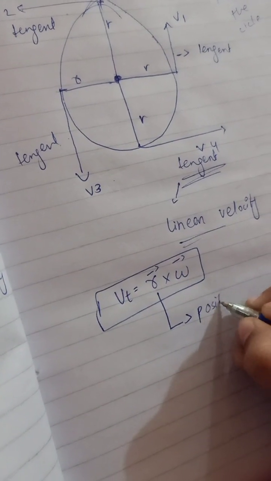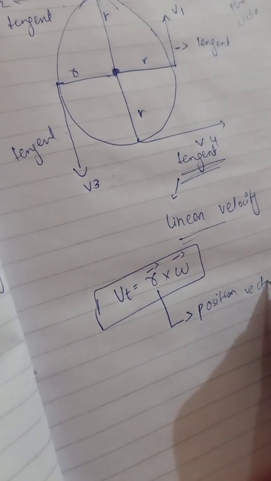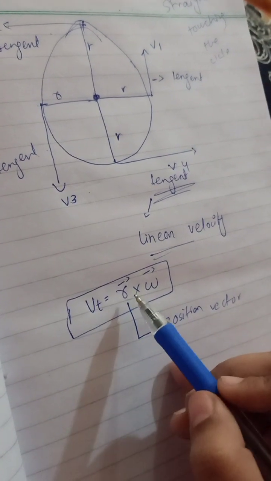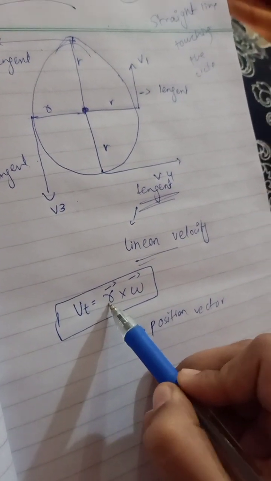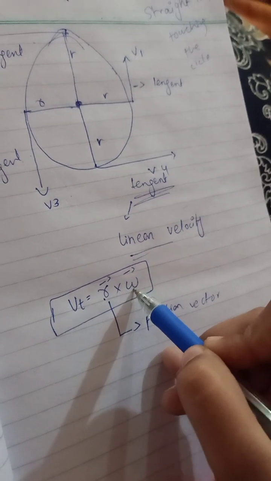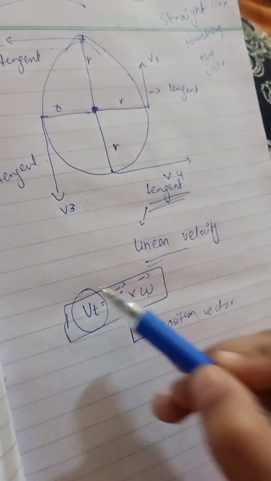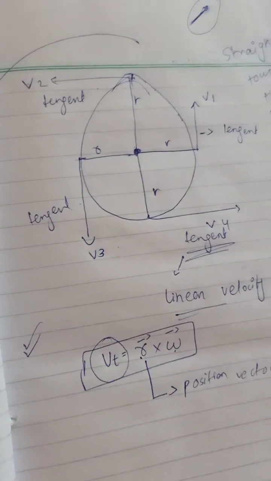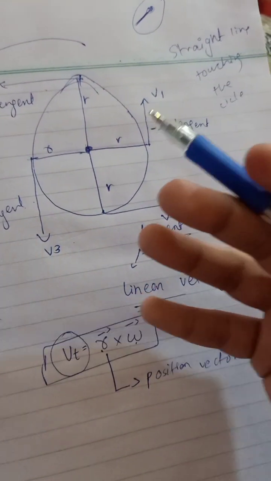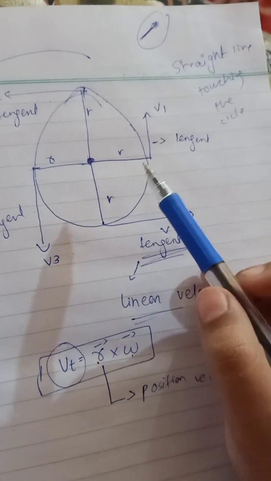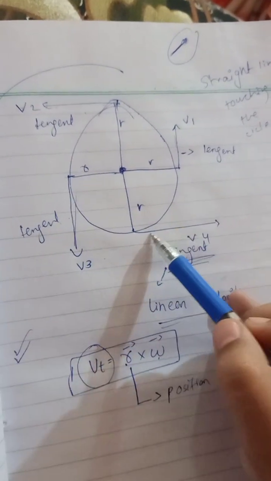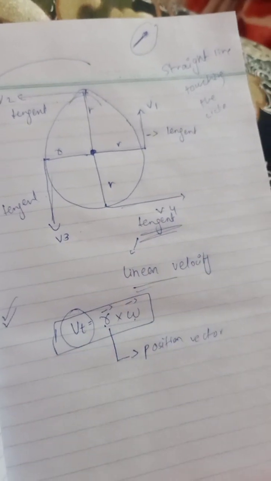This is a position vector. So the definition of the tangent velocity is the product of the position vector and the angular velocity. In simple words, tangent velocity is also called linear velocity, just because a straight line touching a circle is called a tangent. So we can consider that as a tangent velocity too.